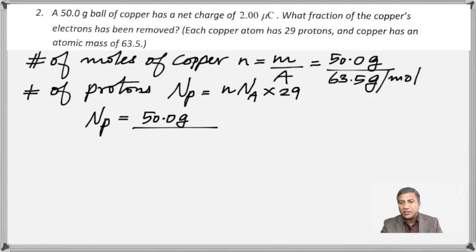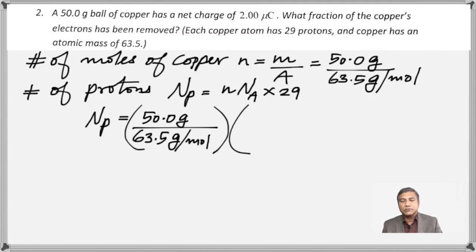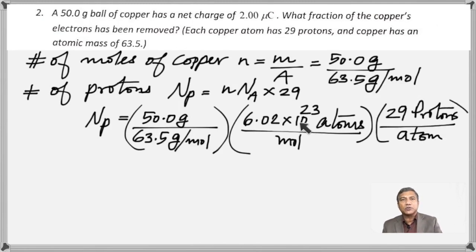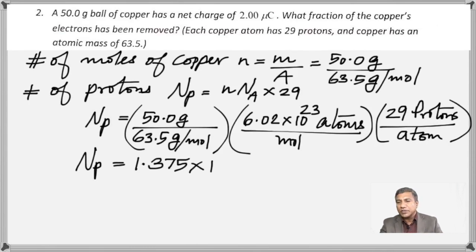So finally you get the total number of protons as 50 over 63.5, times the Avogadro number, 6.02 times 10 to the 23, times 29 protons per atom. That gives the number of protons as 1.375 times 10 to the 25.